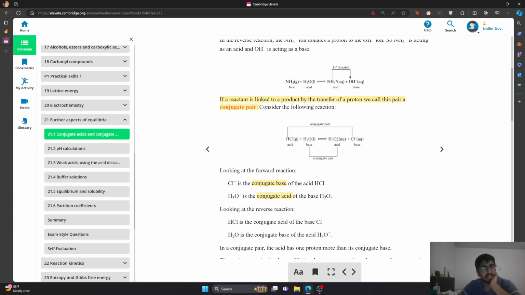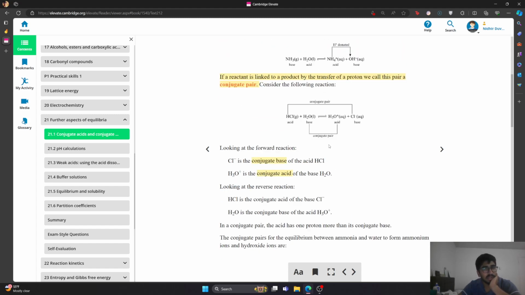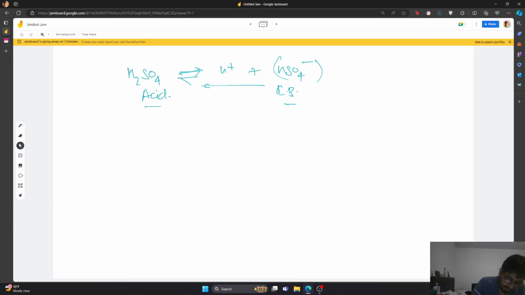Whenever you see an H3O plus, you can think of this as H plus and H2O. So in a way, H2O can get cancelled, and this is the same equation as what we saw earlier. What I mean is that with the hydronium ion, like HCl plus H2O, this H plus comes from here and attacks this one, right? Forms H3O plus and Cl minus. So this is the conjugate base and this is the acid, of course.